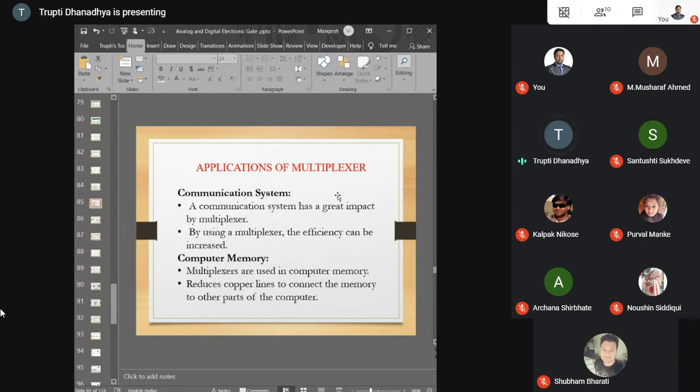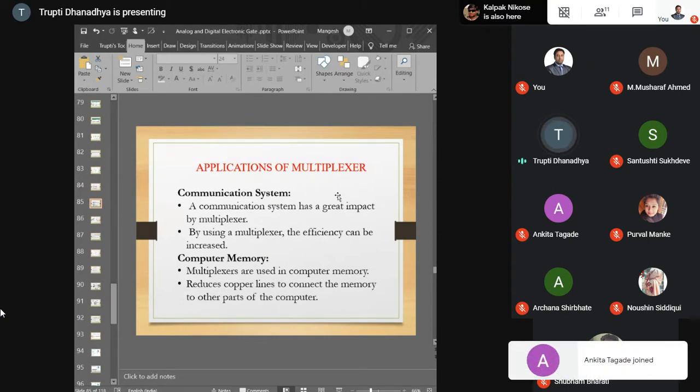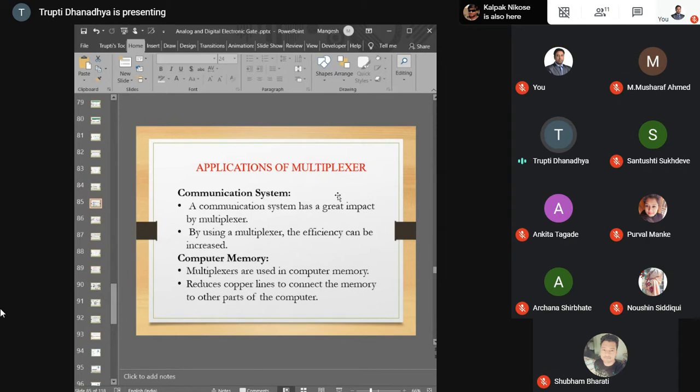Now, applications of multiplexer: communication circuit systems. Of course, I am talking about digital electronics, so there is big use of multiplexers, because many systems require a number of inputs but only one output. At that time, we can use the multiplexer.